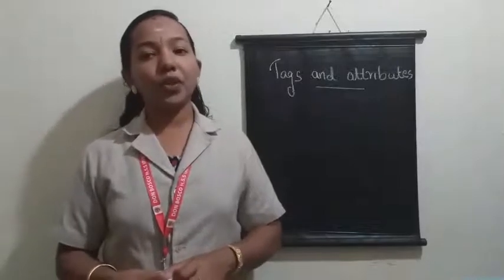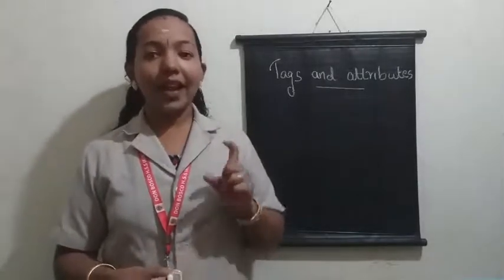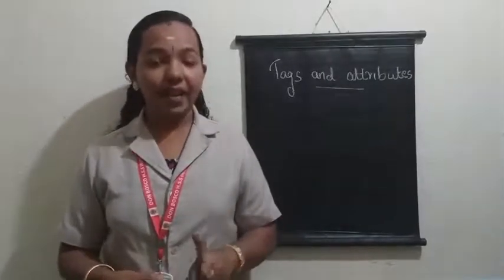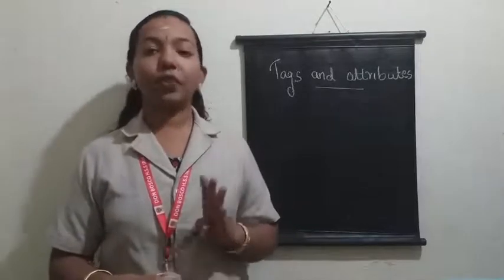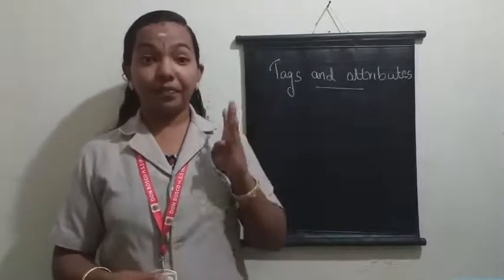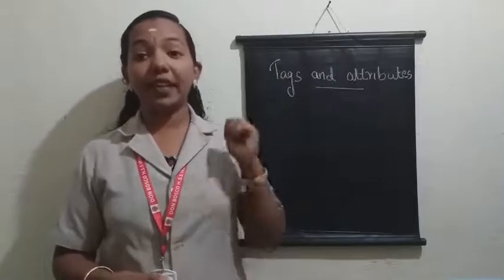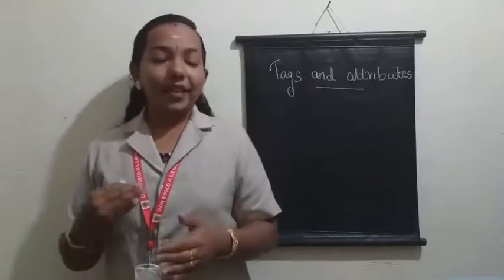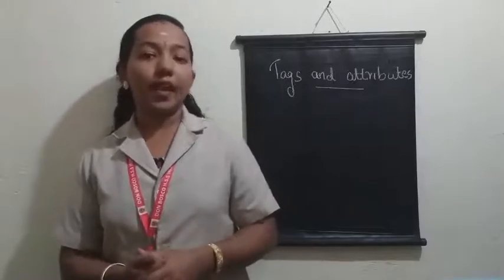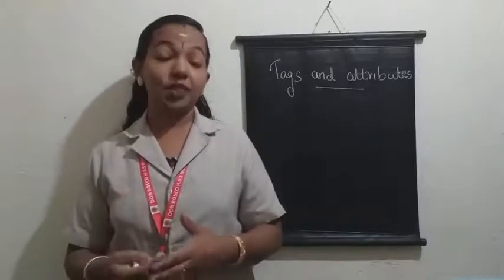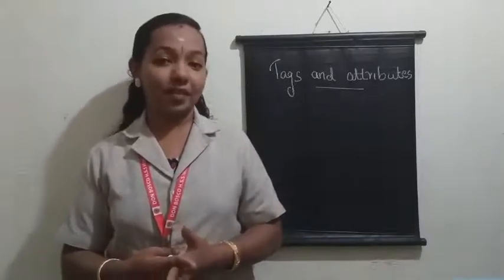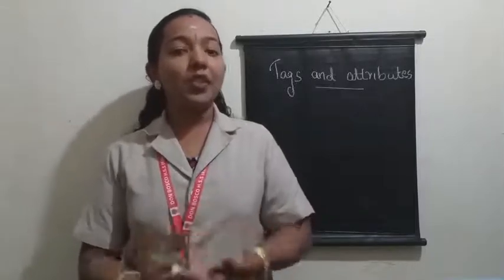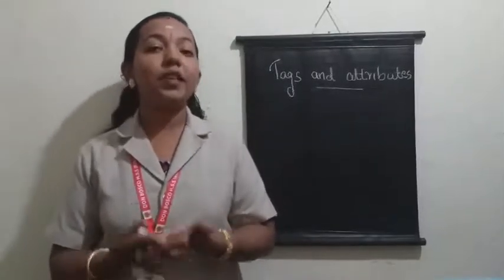So the most commonly used tags are the HTML tag, head tag, body tag, and the title tag. In HTML we are including tags. We already know HTML is a collection of tags.